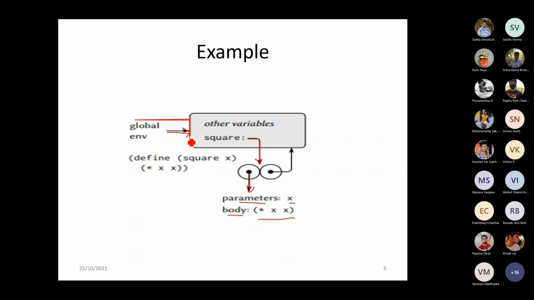The starting frame is considered to be the global environment, where you will have all your primitive procedures, like the arithmetic operators plus, minus, multiplication, division, modulo, remainder. All those exist right here itself. That is the reason we are saying other variables. Along with other variables, we have defined a square procedure.